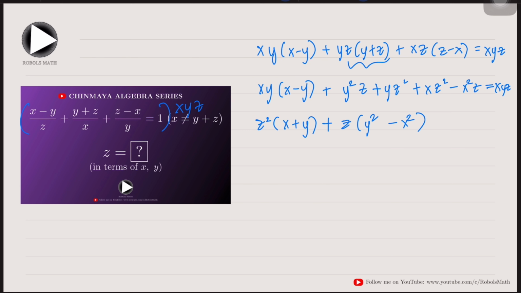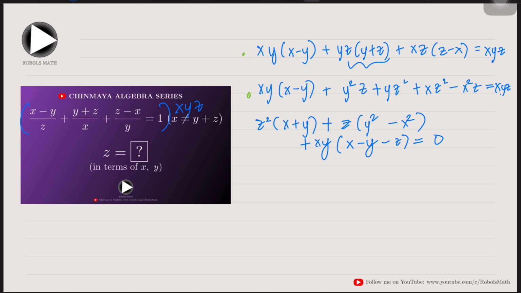So we might get something good out of it if we group them instead. If we do that, we get xy times (x minus y). This xyz, if we put on the left side, will be negative z is equal to 0.